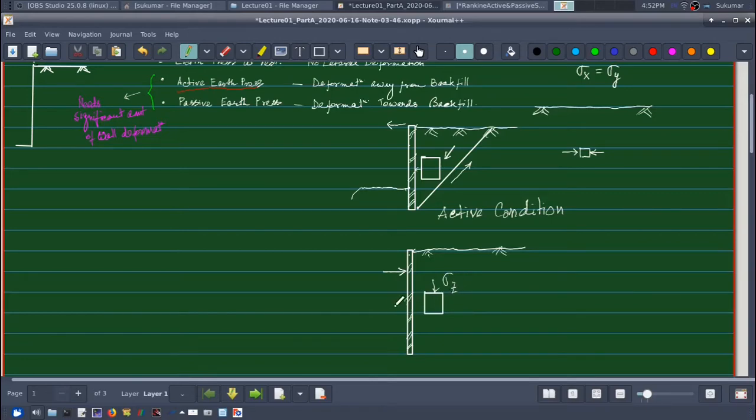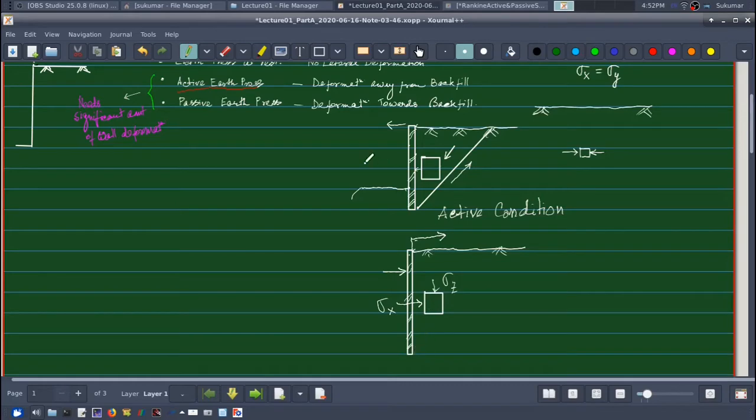Now what I am doing, I am gradually increasing the lateral stress, sigma x, so that ultimately after sufficient movement of the wall towards the backfill, after sufficient amount of movement, what will happen?